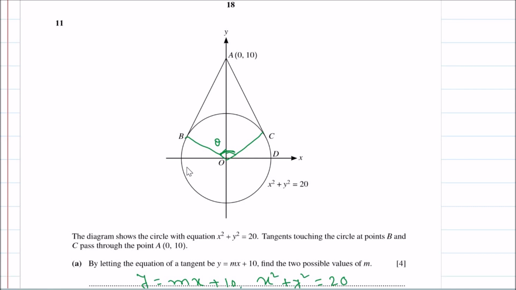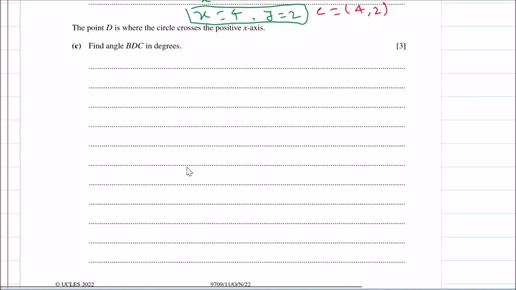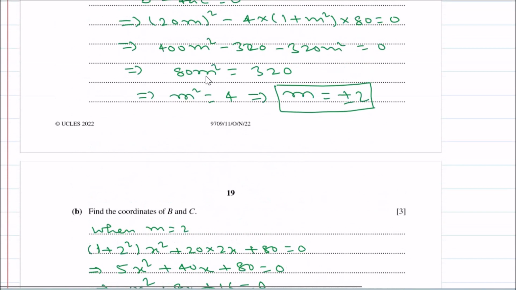So that is cos BOA. Cos BOA root 20 by root 10. How? Let us see.